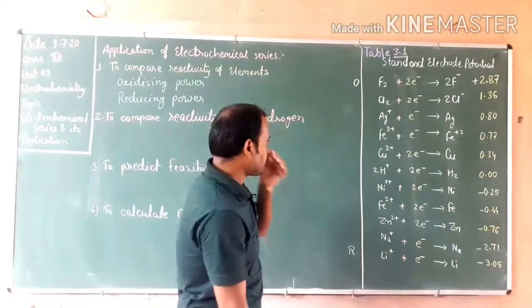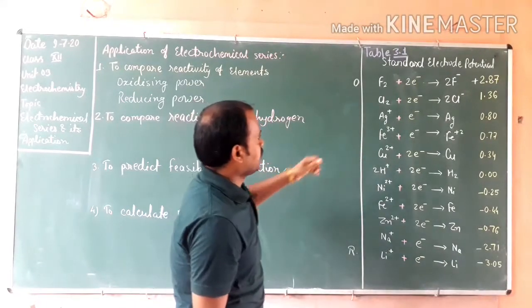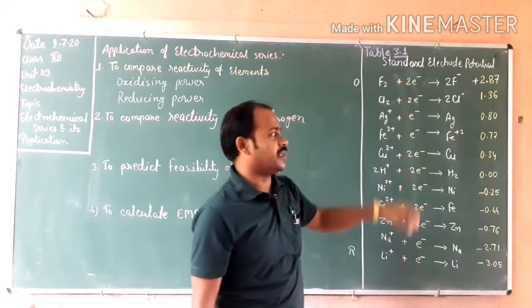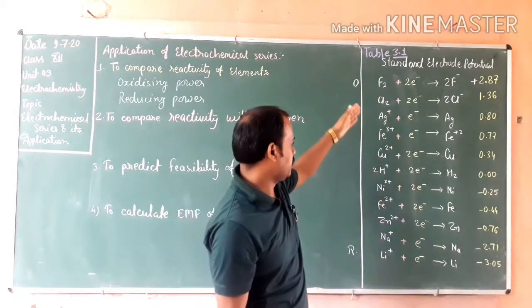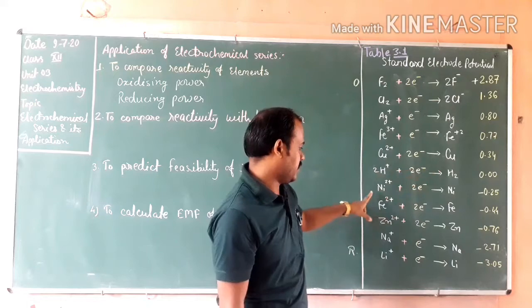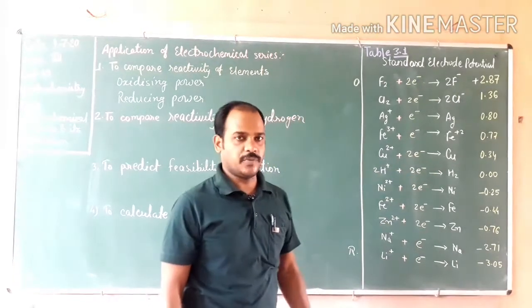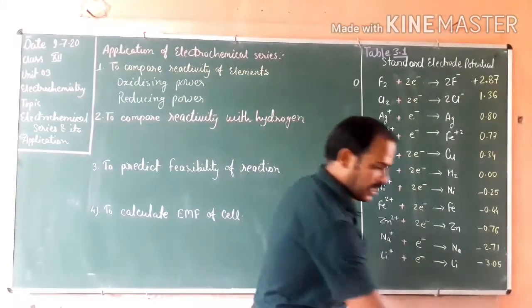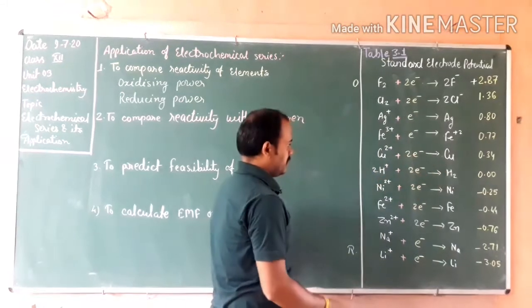So here students, the electrode potential of fluorine is plus 2.87, then hydrogen it is 0, then lithium it is minus 3.05. So here I am highlighting 3. What does 3 mean?